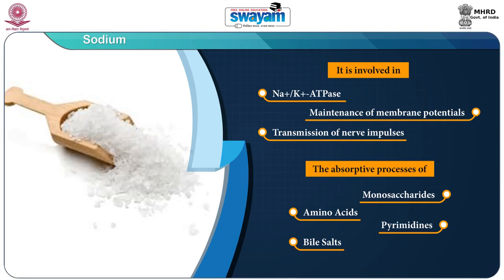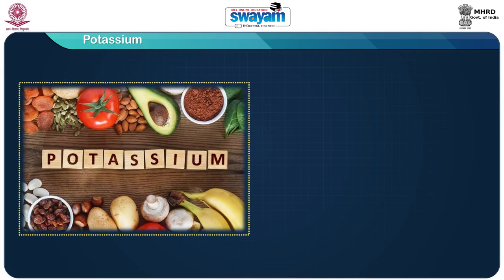Now, learners, we do have to remember here that if the sodium content of the diet is high, it aggravates hypertension. So, the benefit of sodium in the diet is at a low intake where it helps in blood pressure reduction. Now, coming to the next macro mineral, that is potassium.